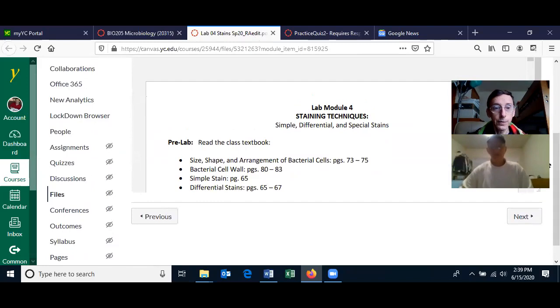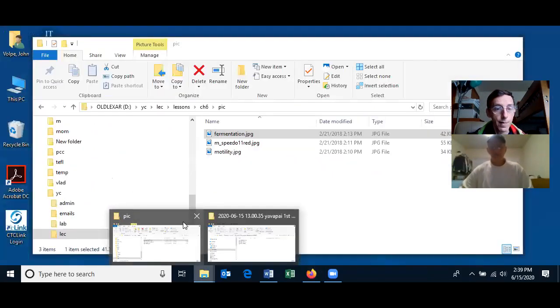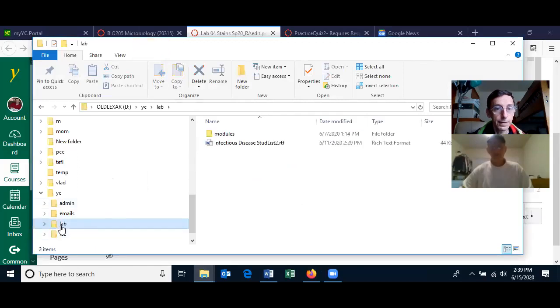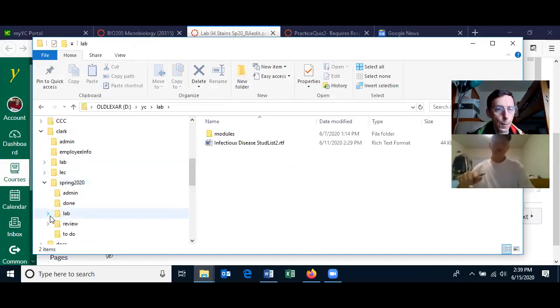This isn't going to work here. Let me see if I've got it elsewhere. Might not be down here yet. Nope. You can expand it right from that one page in Canvas.